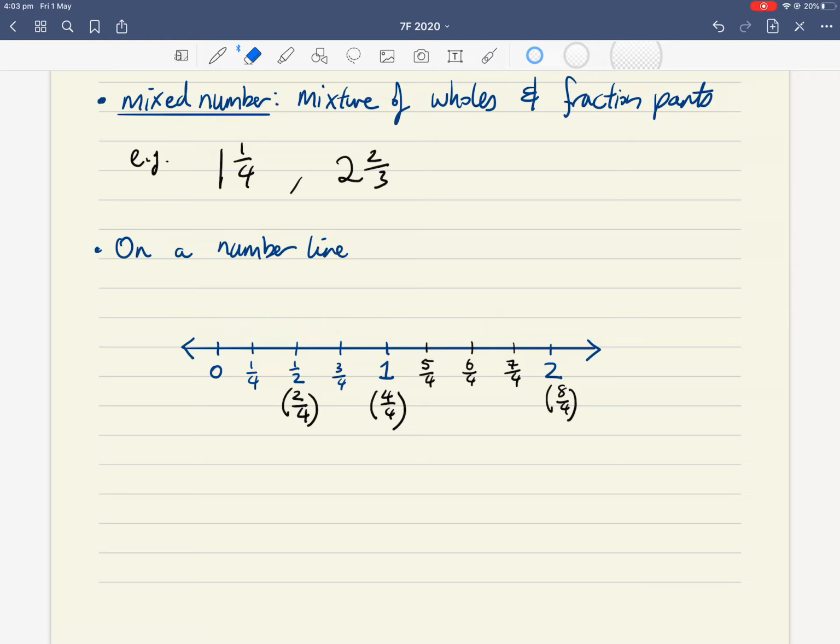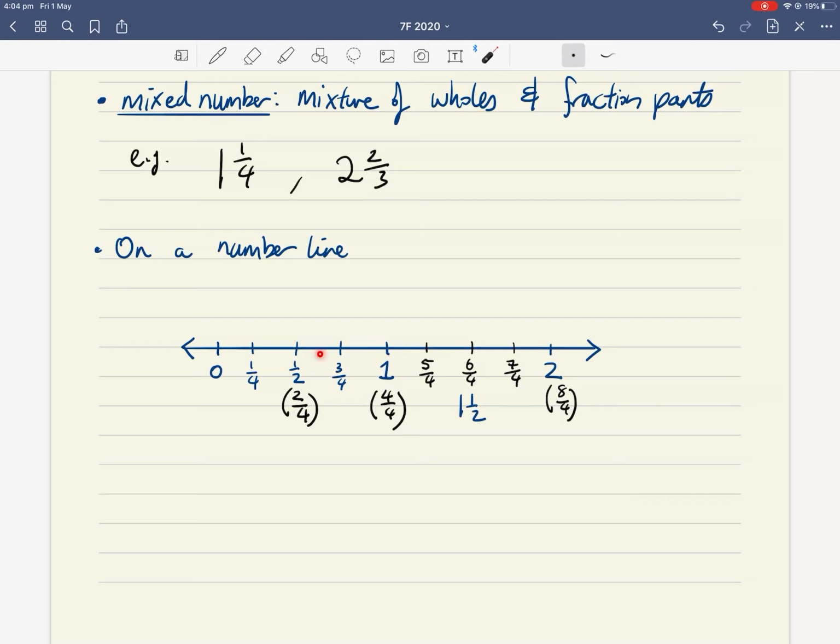You have 8/4 of string. Technically, the number between 1 and 2 is 1.5, right? So 6/4 is the same as the mixed number 1.5 because you have 1 whole piece of string and 2 out of the 4 sections, or 1 out of the 2 sections there.